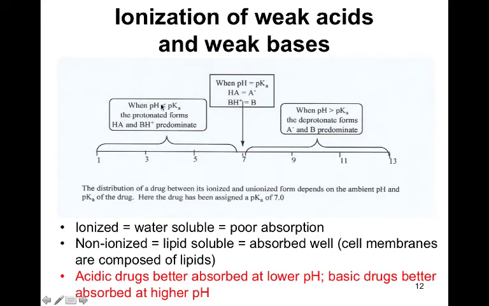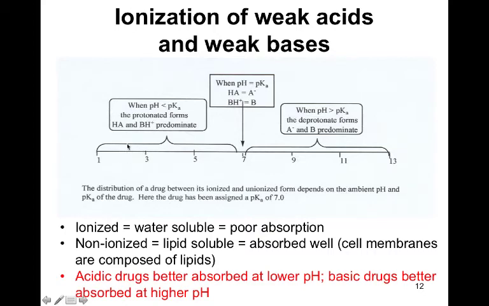Okay, so now when the pH is less than pKa, the protonated form predominates, which is a fairly easy thing to visualize. Now, when you say the pH is less than pKa, this is the pH scale going all the way from 1 to 13. Now, if you were to be at a really low pH, let's say a pH of 2, it's an extremely acidic pH.